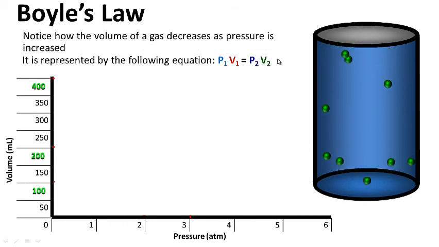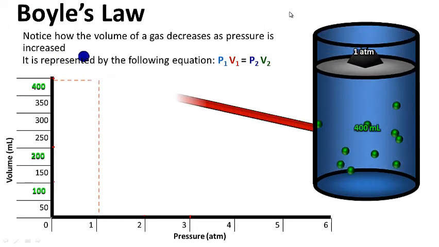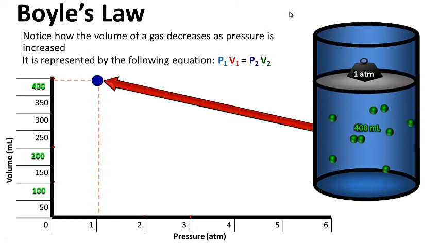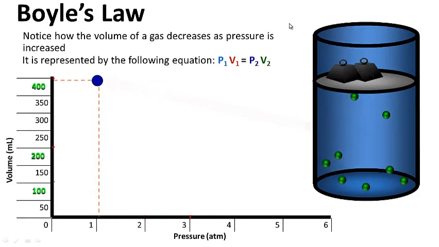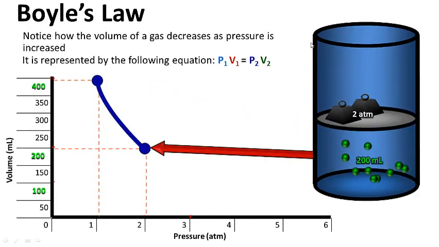Notice how the volume of a gas decreases as pressure is increased on this graph below here. Okay, so we're going to add more pressure or weight here of this gas because gases are compressible. Okay, so 1 atmosphere of pressure. Now we have a volume of 400 milliliters. Add another atmosphere of pressure.